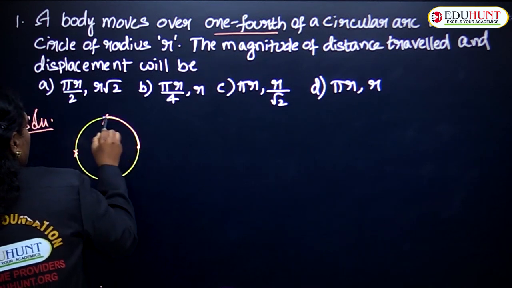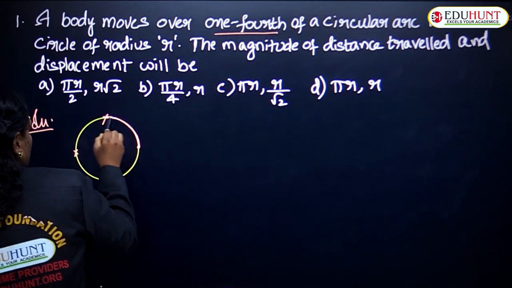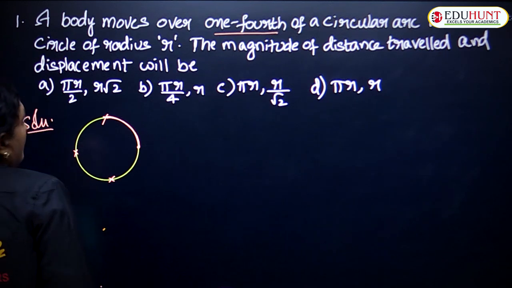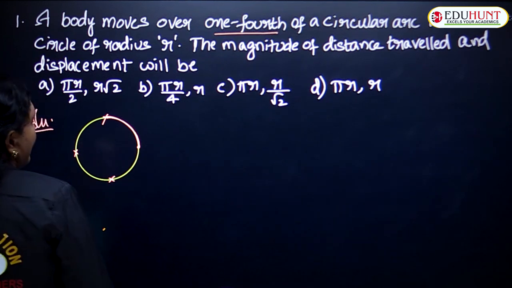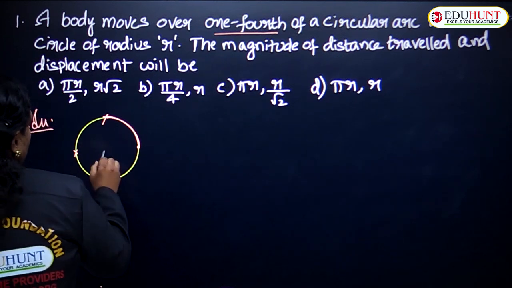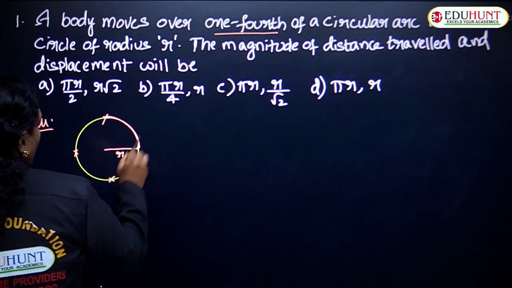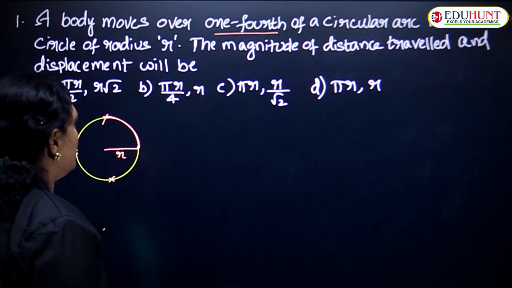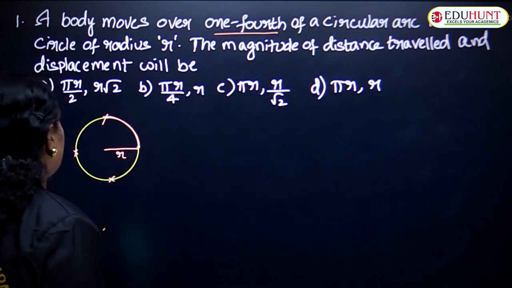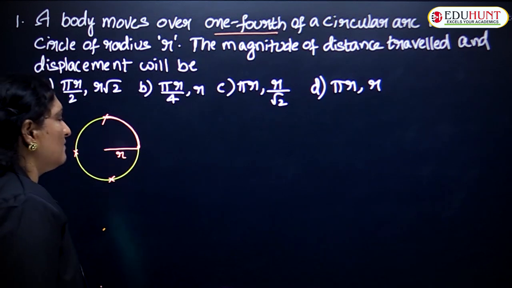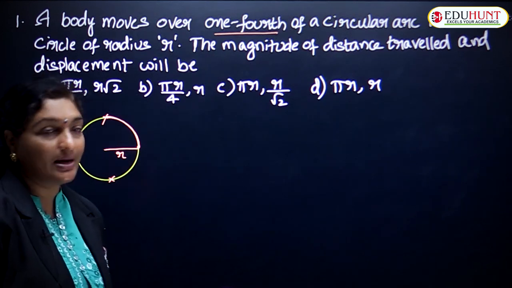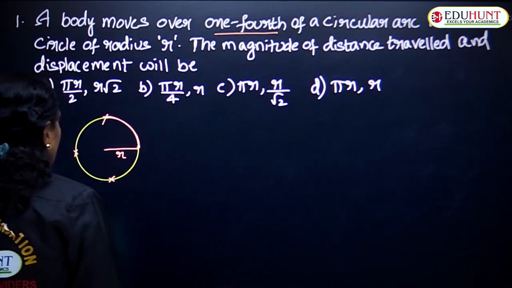From here to here would be 1/4 of the circular part. And what is the radius given? R is the radius of the circle. You are asked to find out the magnitude of distance traveled as well as displacement.